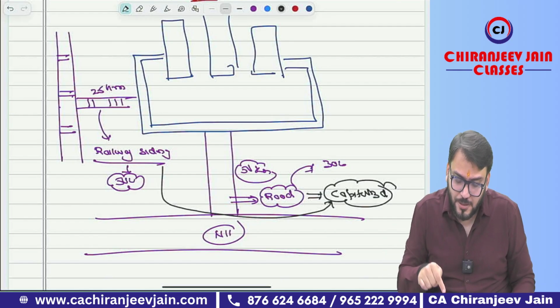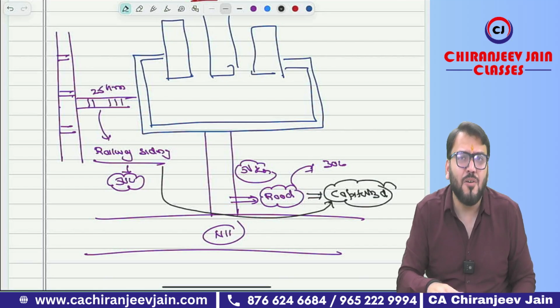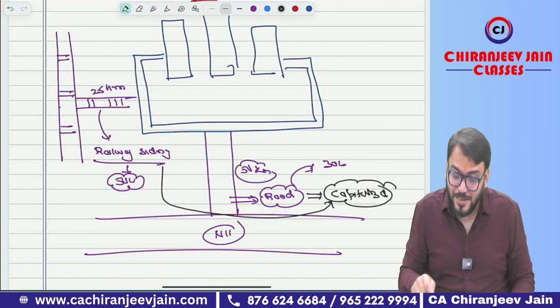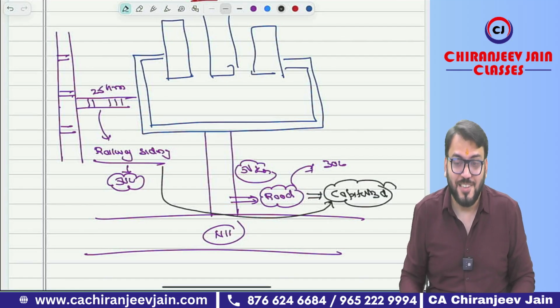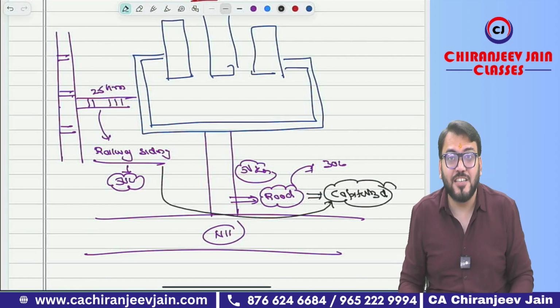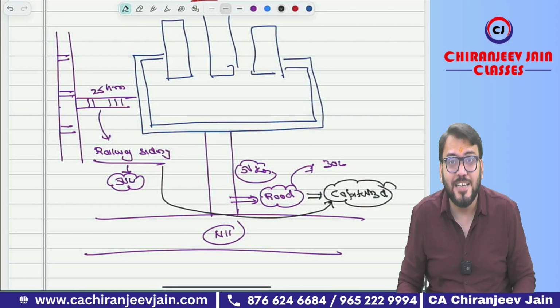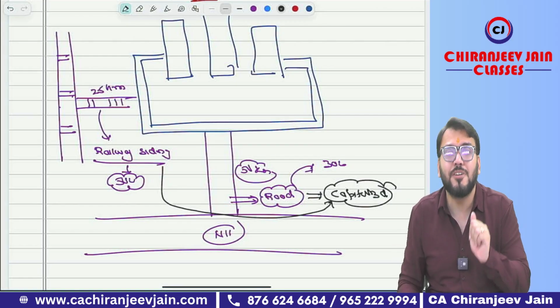Similarly here, the refinery or whatever asset has been constructed cannot provide future economic benefit unless the road is constructed and the railway siding is constructed, because transportation is possible only because of the road and railway siding. If you have constructed a refinery, what will you do with it if there is no transportation?